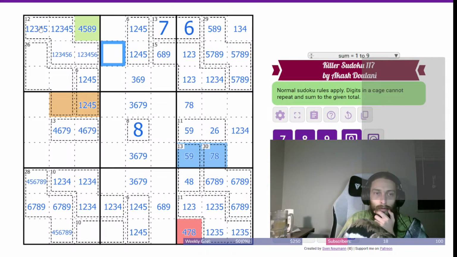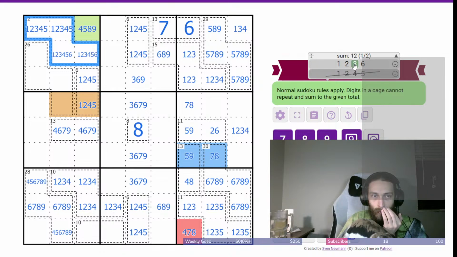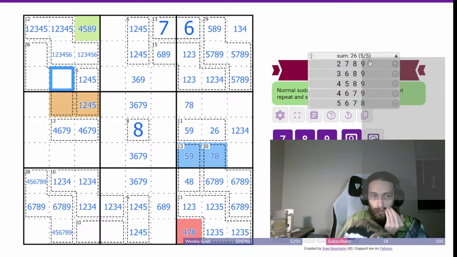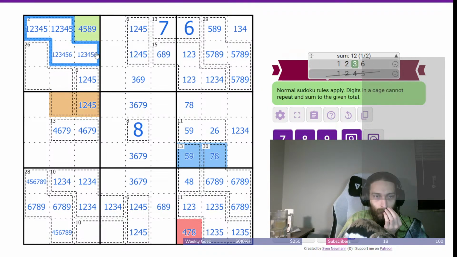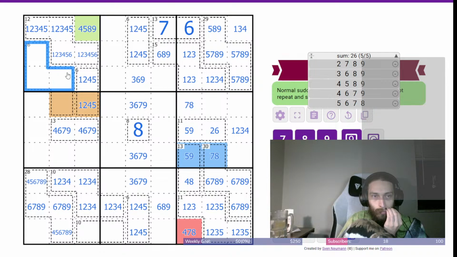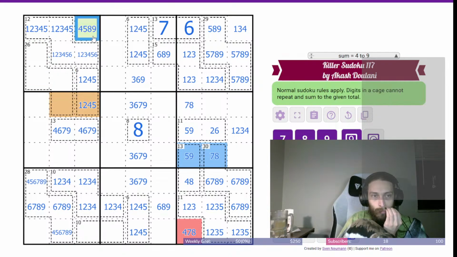No. Because you said 3 had to be in here. Well, because it's the only place that 3 can be, so it's got to be 1, 2, 3, 6. Wait, why does 3 have to be in the 12 cage? It could be in the green. Well, no, because green is 1 more than orange, right? Yeah, than these two.